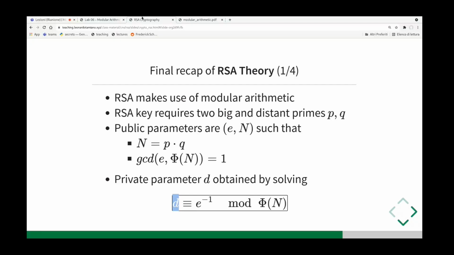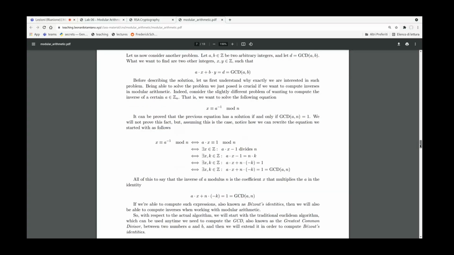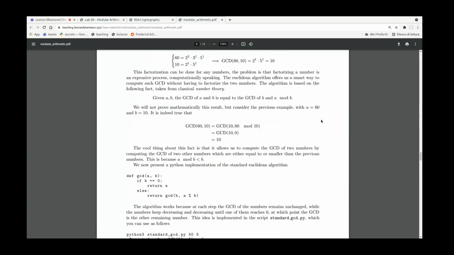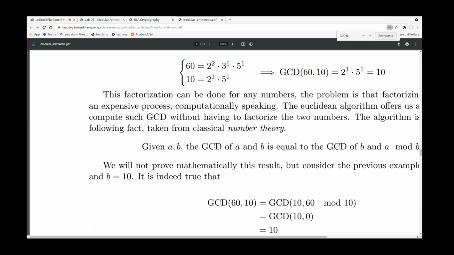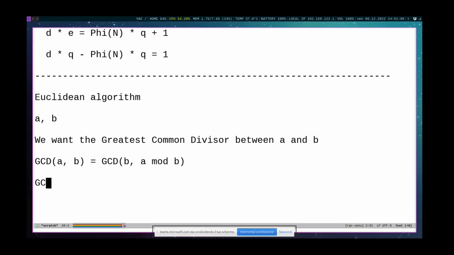I think that in these notes I show an example with 60 and 10. So here I compute the GCD between 60 and 10. You use the formula: this is the GCD of 10 and 60 mod 10.